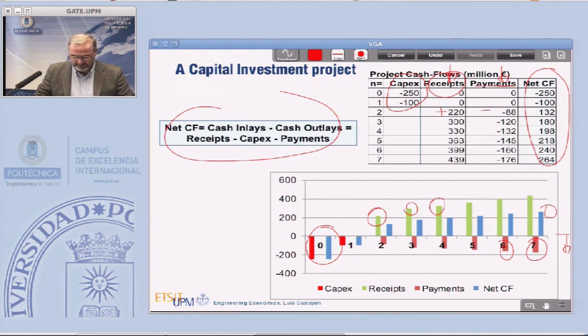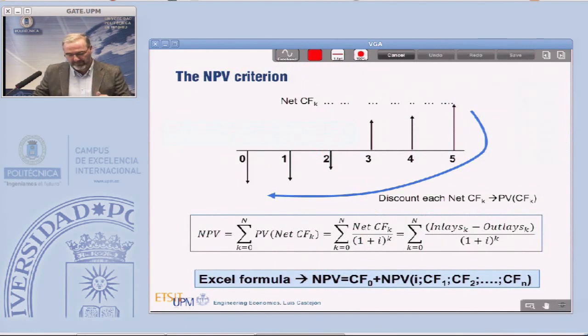As you see, in the first 2 years this project has negative net cash flows, which means they need to get some money to finance it, in terms of shareholders' money, equity, or in terms of debt from a bank or any debt provider. And then from the second year, we see positive net cash flows. Then, what is the net present value criterion?